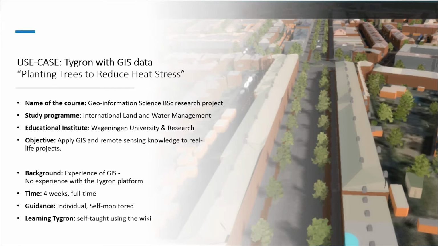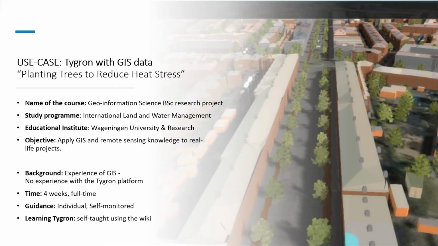And student Max Brink, who is here with us, wanted to find out the most effective way of planting trees to reduce heat stress. So in this course, students did not have to use Tygron in their research, but they could choose any software as long as it fulfills the objective.